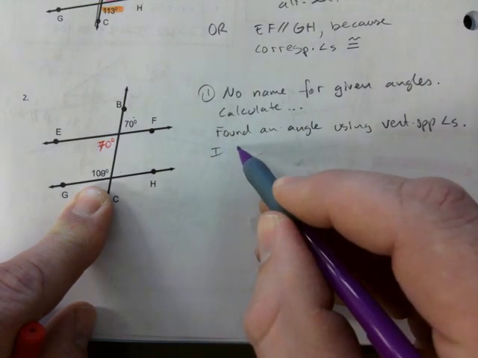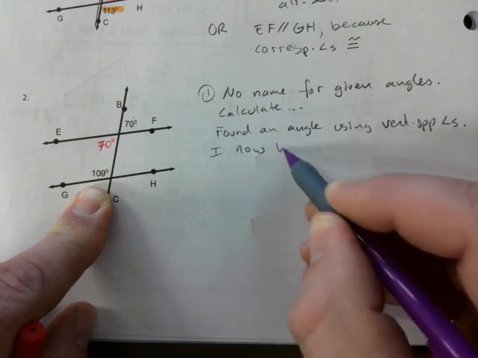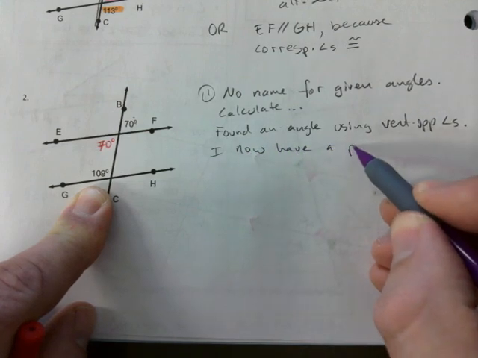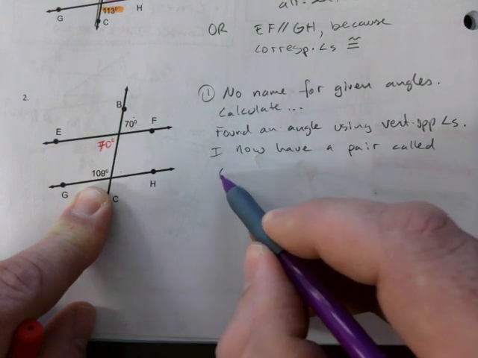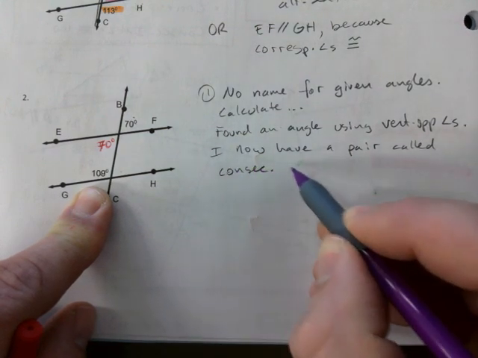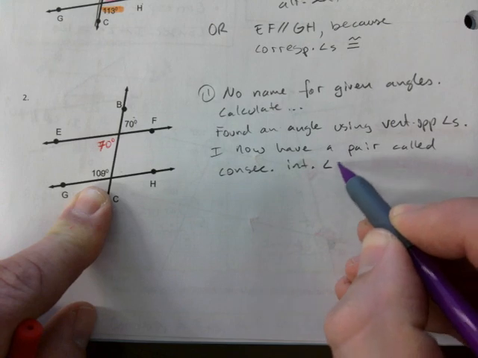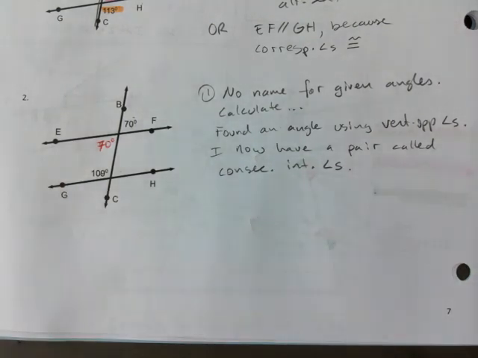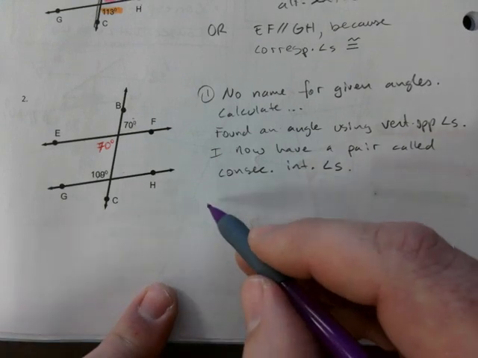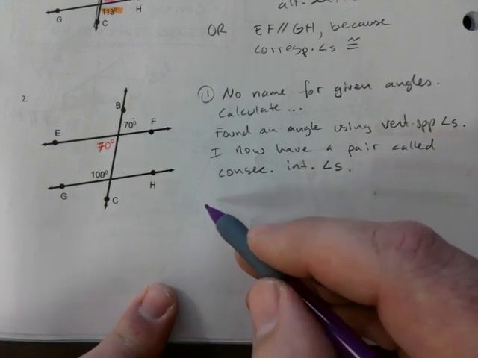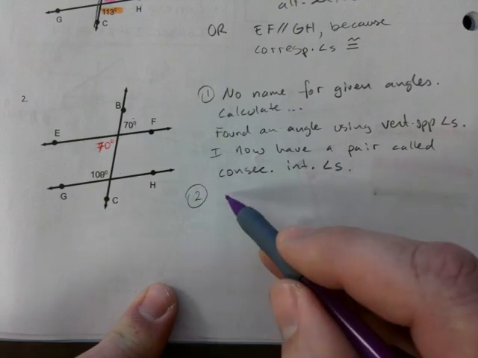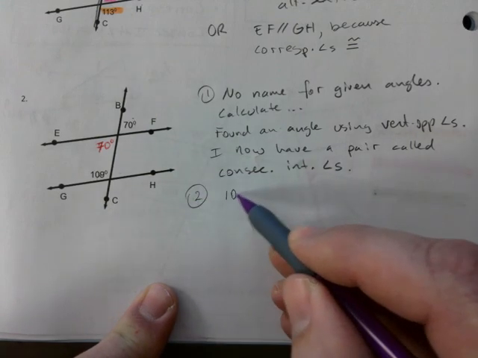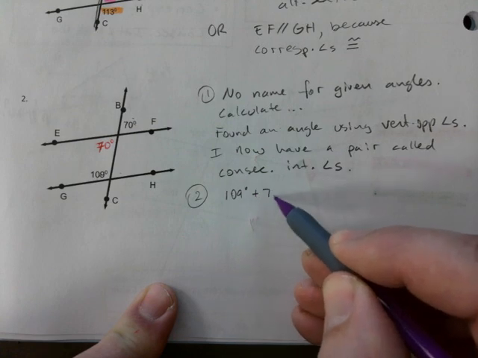I now have a pair called what? CIAs, consecutive interior angles. I now have a pair, okay? And we'll check what they say. This is technically number 2. Let's go 109 plus 70.